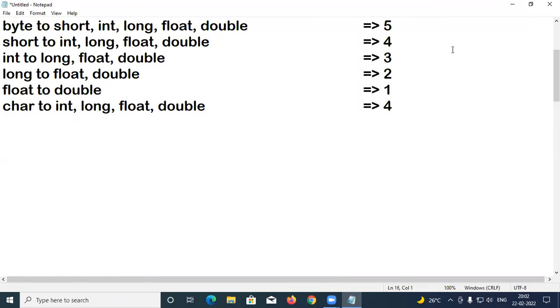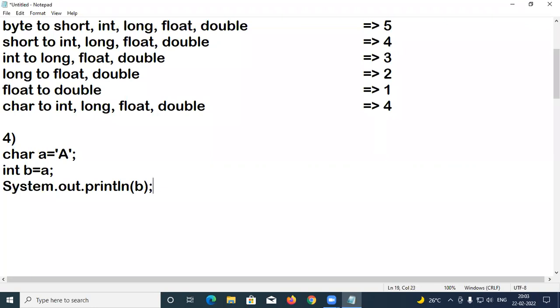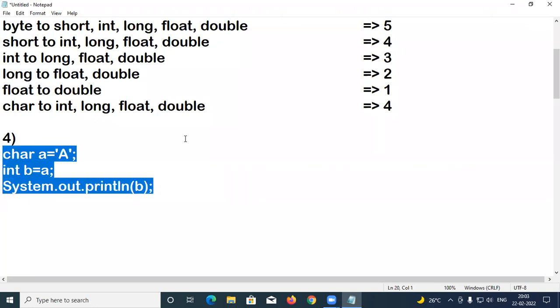Now you observe. Fourth code snippet. Now character A equal to capital A. Integer B equal to A. System dot out dot println B. Now my question is, is this code snippet valid or not valid?